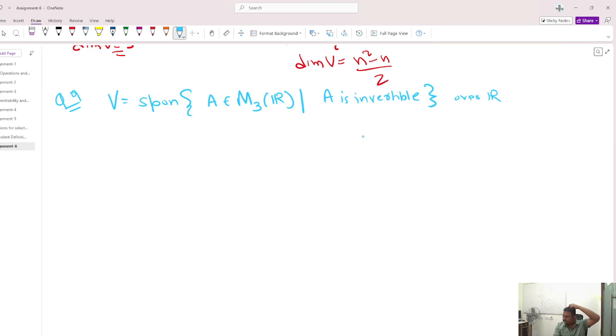I don't remember the notation. By the way, what will be the dimension of this M3R? You can check that it would be 3 cross 3, that is 9. Show it.